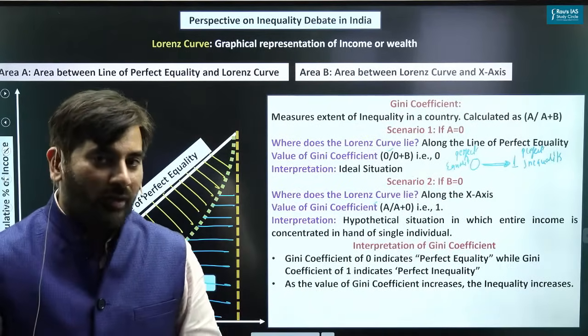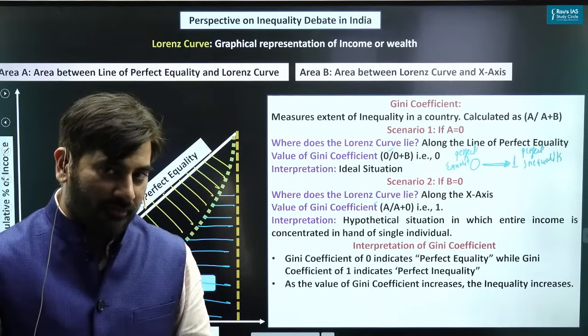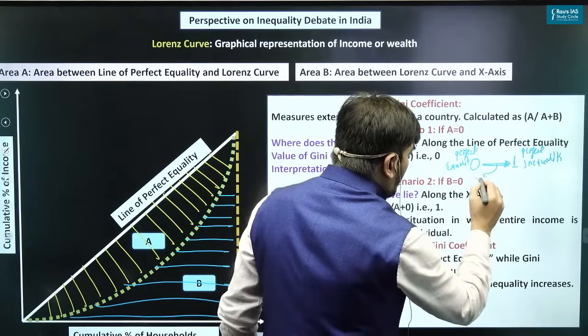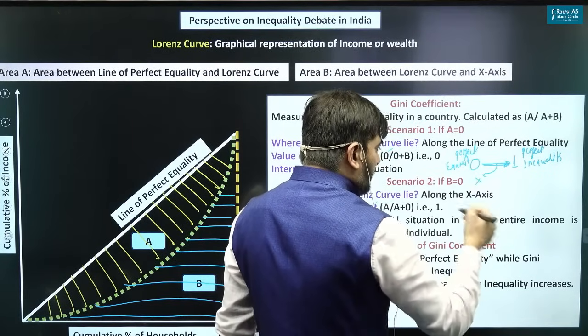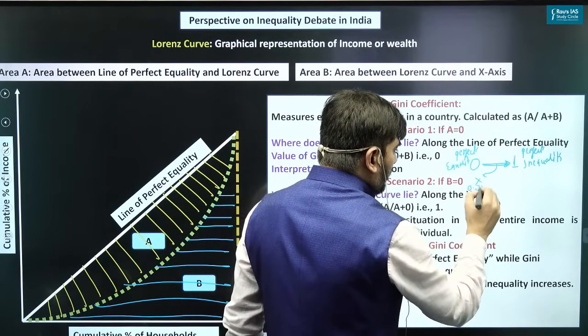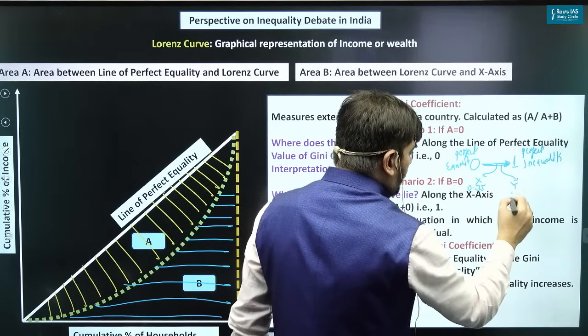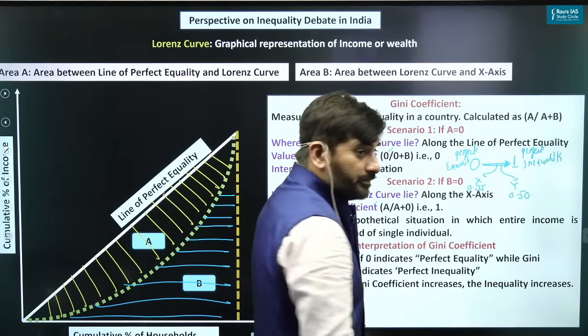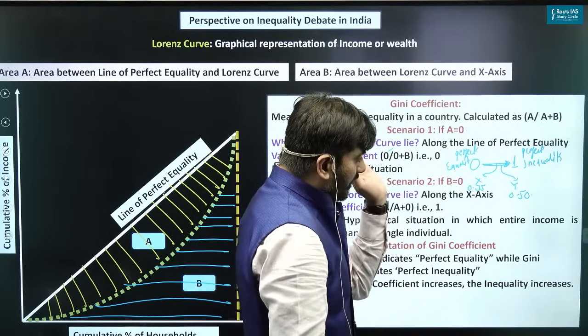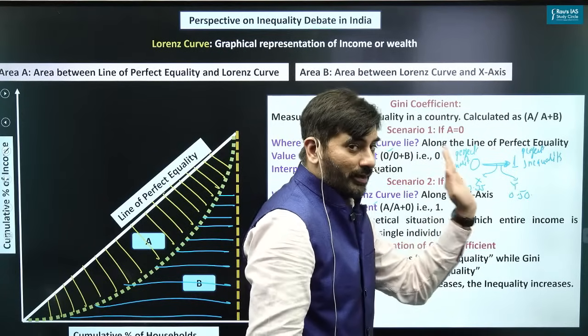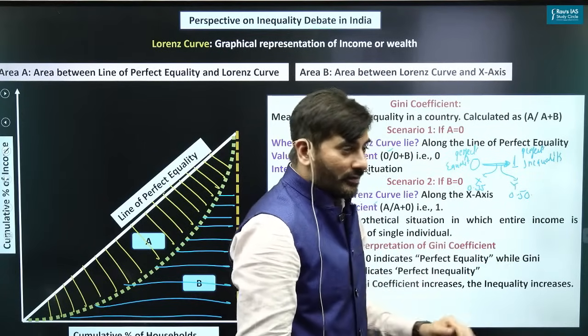Right? And what is the significance of Gini coefficient? Let's say there is a country X whose Gini coefficient is equal to 0.35. There is another country Y whose Gini coefficient is 0.50. Like I said, when we move from 0 to 1, Gini coefficient increases, income inequality also increases.